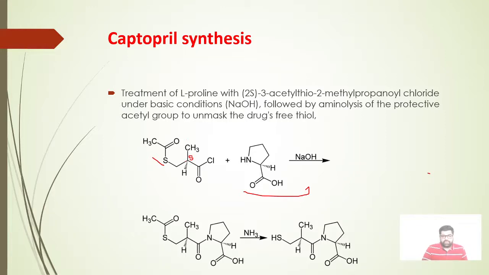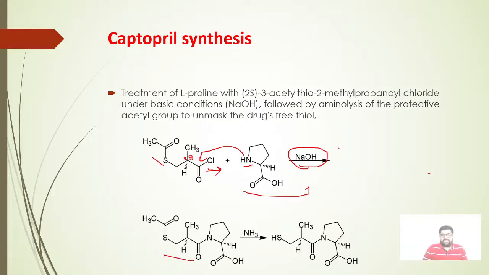This is the 2 position over here. So we have NH over here and COCl over here. Simple amide bond formation will take place in presence of basic conditions like NaOH. This NH will attack over here, and then Cl will be displaced. Friends, we get this amide derivative.